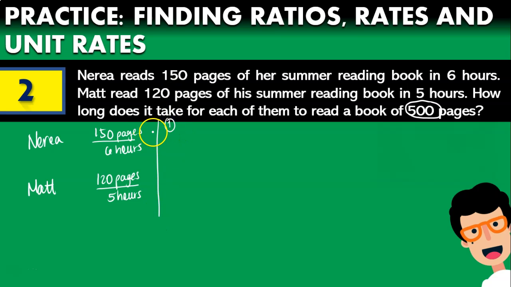So the first approach, you would actually have to find how much time they spend reading for just one page. So we would have to find one page and the amount of hours. So in the case of Nerea, we would have to divide by 150, both the numerator and the denominator.